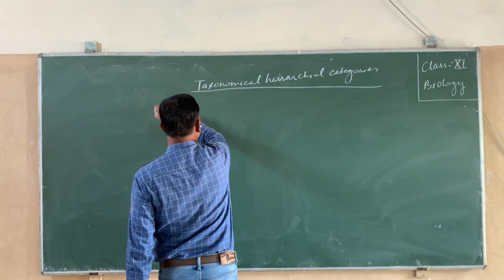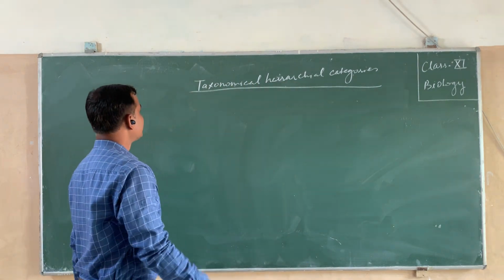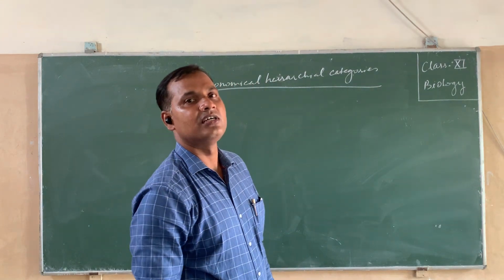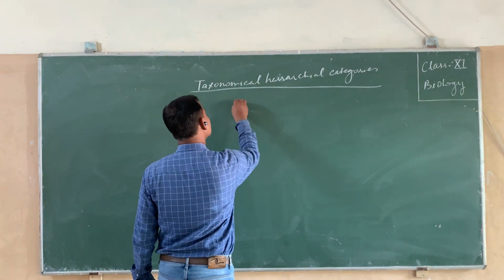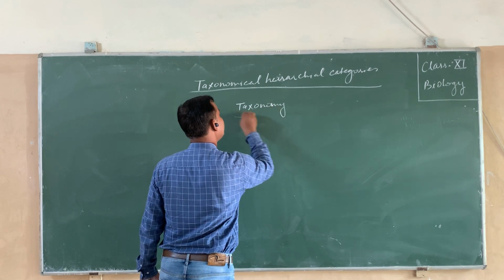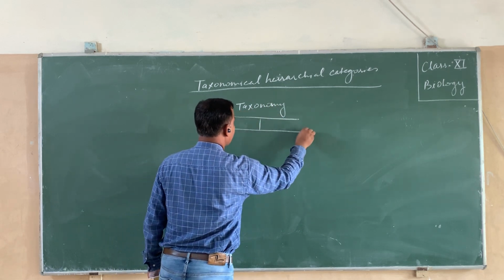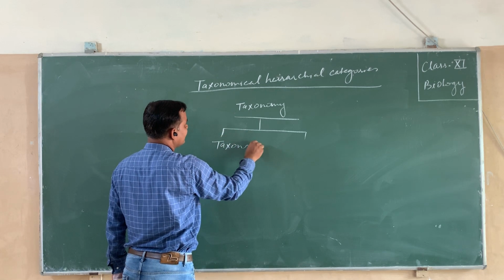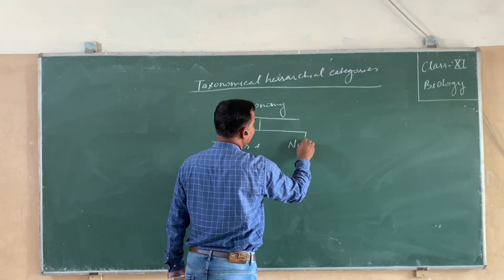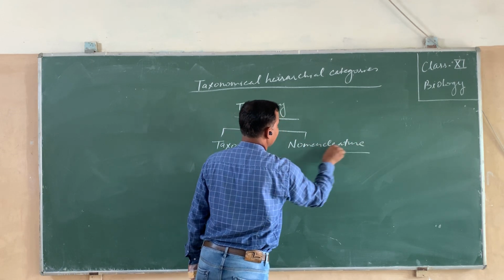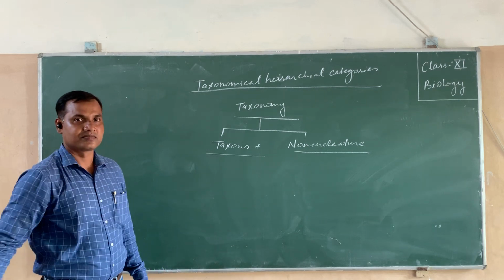Before the discussion proceeds about the taxonomical hierarchical categories, we have to define taxonomy. This taxonomy is made up of two words, taxons plus nomenclature.